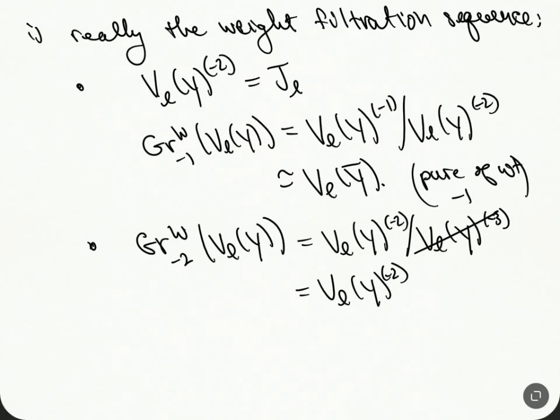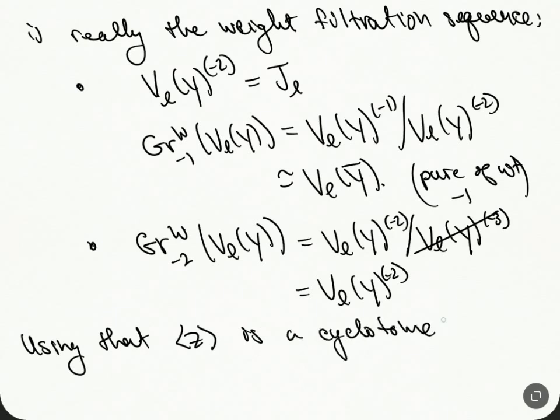Alright, so this is what this is saying. Essentially what we're going to do is see that, using this, this guy is a cyclotome. That implies that if we look at this representation here, this is W, so this could be for G in GK tilde.